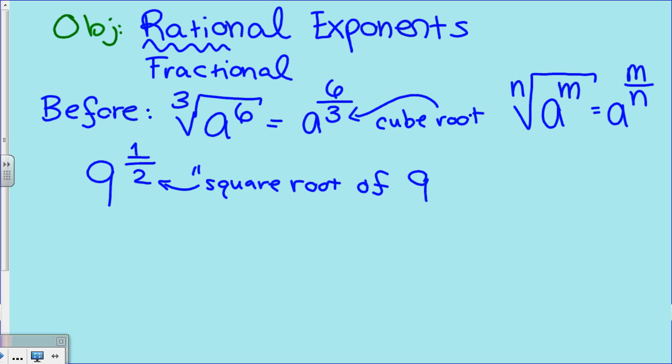That's what I say to myself. Let's also look at that inside the root, because there's an invisible index of 2 and an invisible exponent of 1 right there. Think how it's 9 to the 1/2 as well? All right, so what is the square root of 9? 3.